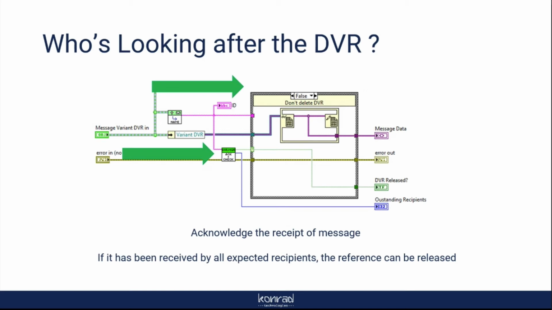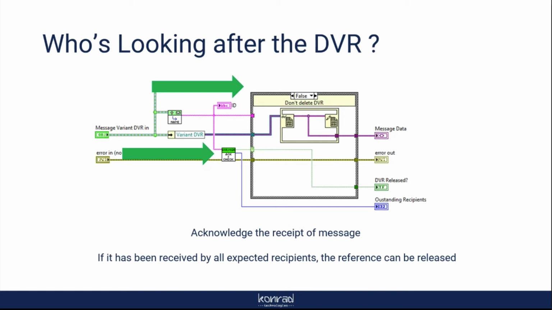That GUID allows us to do an asynchronous check to say, okay, I've now received this message. We know how many expected recipients there are, so therefore we know when it is safe to release the data value reference. So we acknowledge the receipt of each message in the receiver or in the sink or the processor, and if it has been received by all of its expected recipients, the reference can be released.